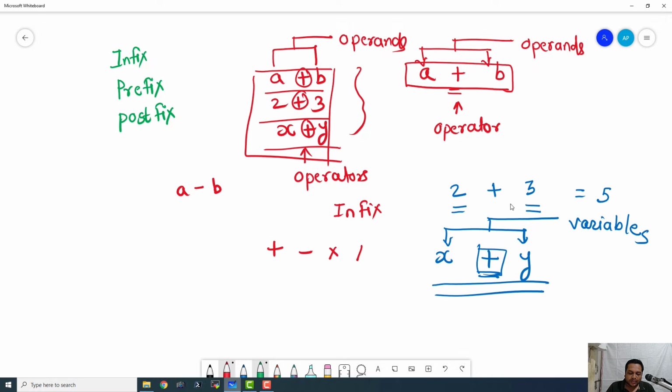This is also an infix expression, and a multiplied by b and a divided by b. So these are all infix expressions.